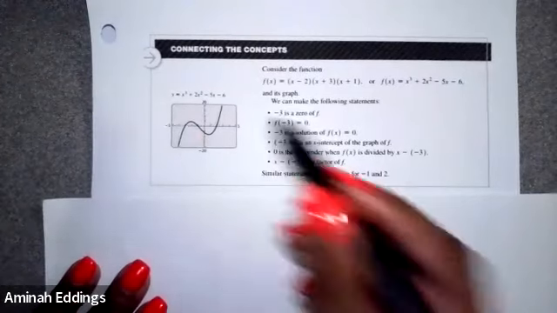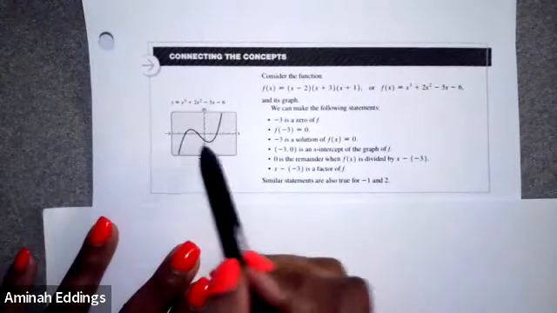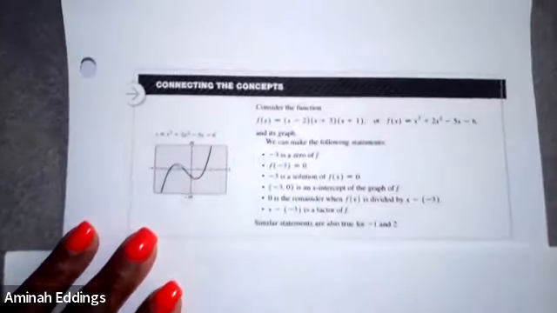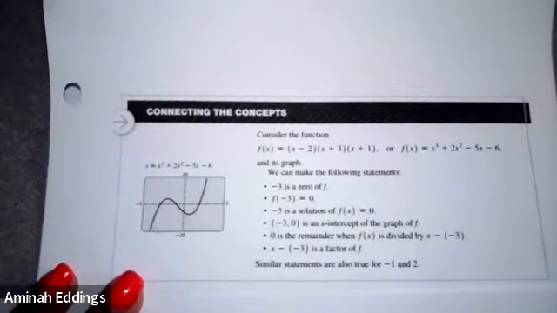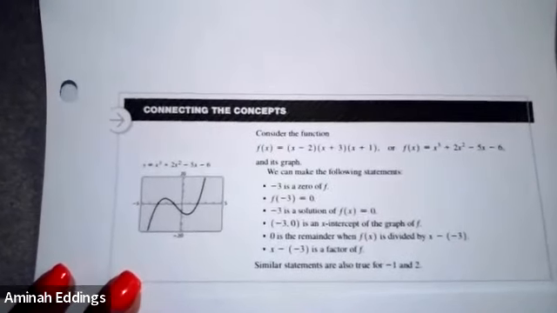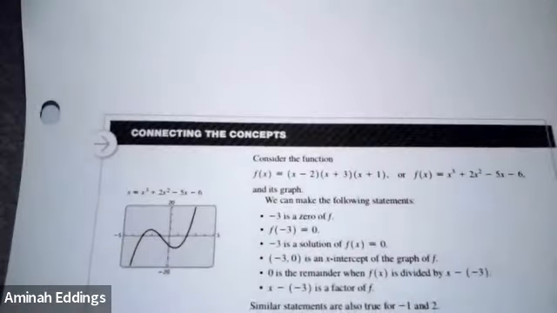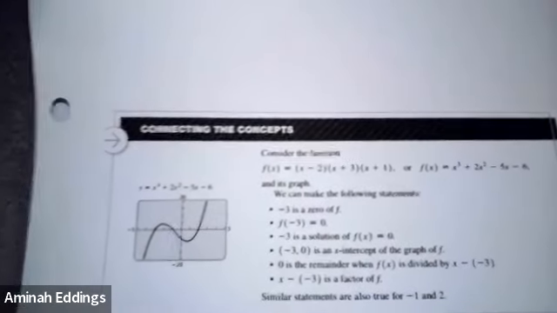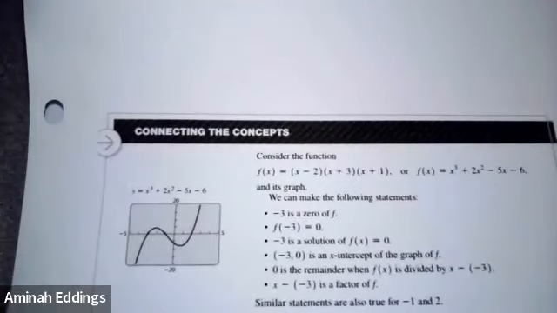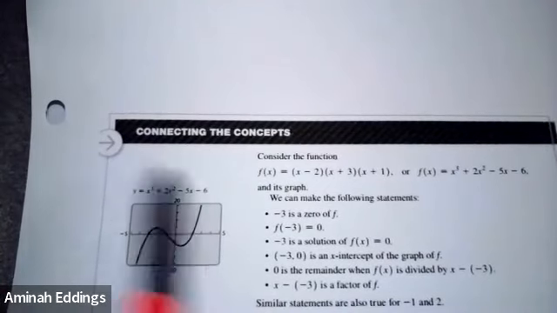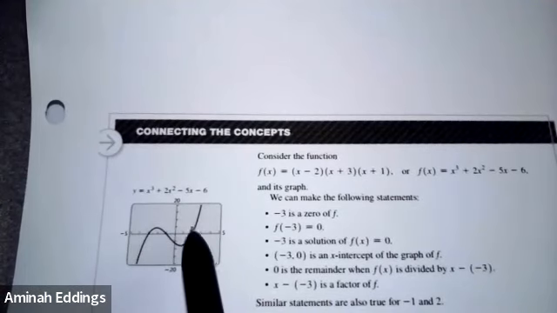Remember, it's smooth and continuous, okay? So here's the graph of a polynomial function. That function is y is equal to x to the third power plus 2x squared minus 5x minus 6. That's the function. When we graph it, it looks like this.